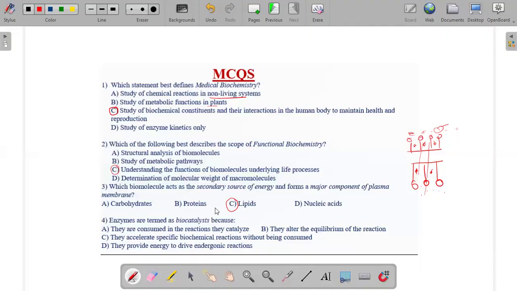So what's the function of these proteins, the enzymes? What's the answer there? I think the enzymes are termed biological catalysts because they accelerate specific biochemical reactions without being consumed.